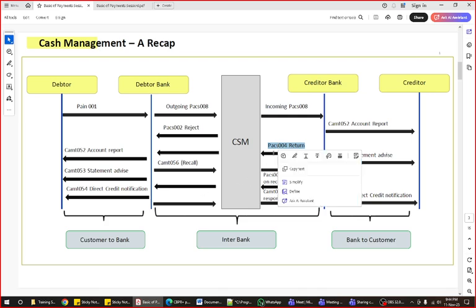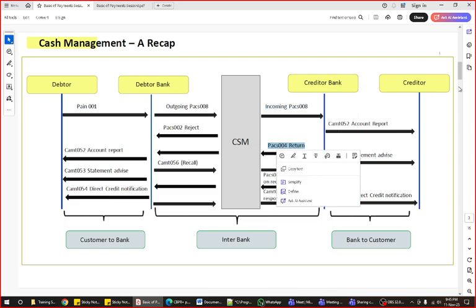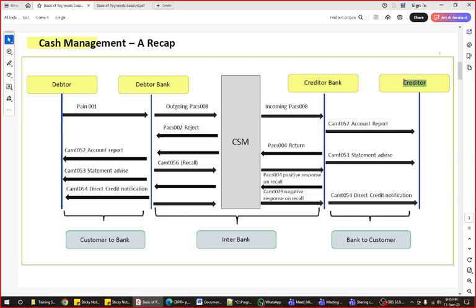When you are sending the opposite message, the creditor becomes the debtor now, who sends the payment, and the one receiving the payment becomes the creditor. The creditor bank becomes the debtor bank, and the debtor bank becomes the creditor bank. Till now, are you clear about this message?